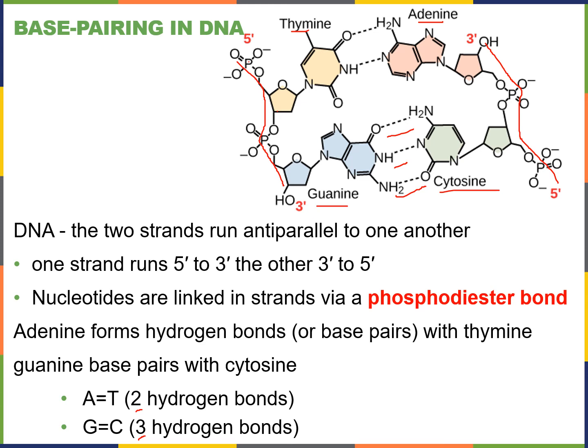This phosphate, sugar, phosphate is referred to as a phosphodiester bond. 4 macromolecule groups, 4 bonds we have now talked about. The phosphodiester: phosphate, sugar, phosphate, sugar. You'll see some people refer to this as the sugar-phosphate backbone, with the nitrogenous bases pointing in towards the center.